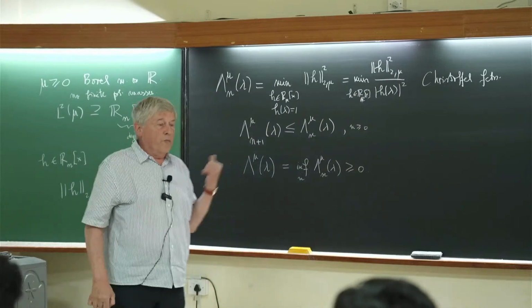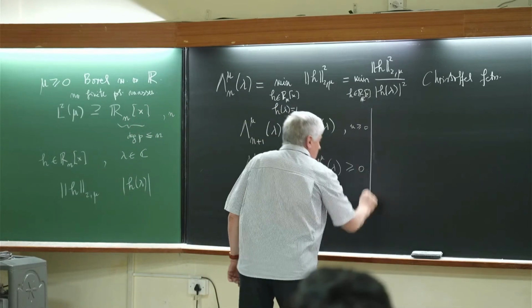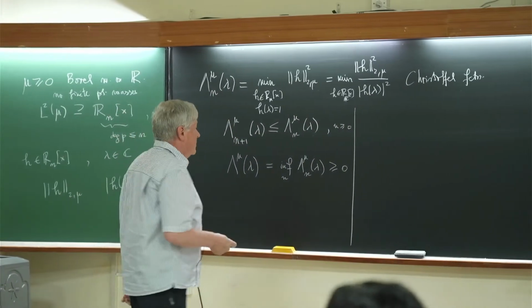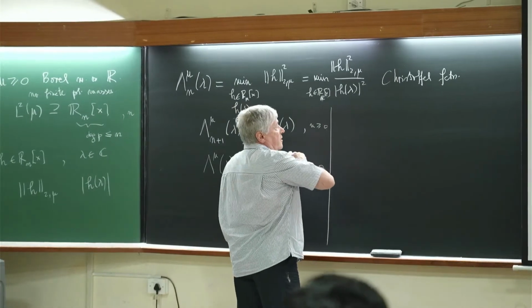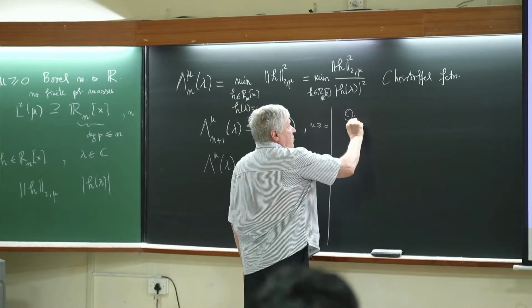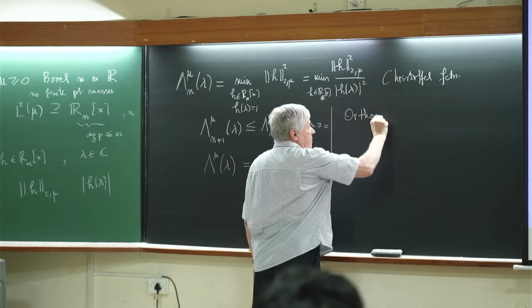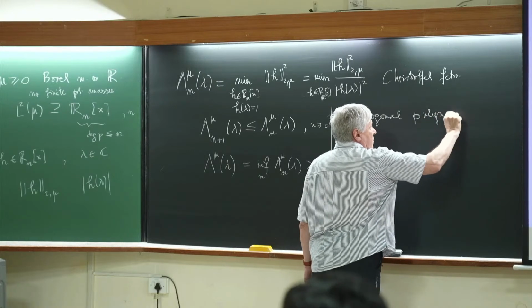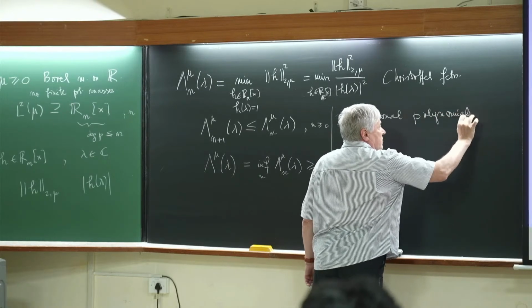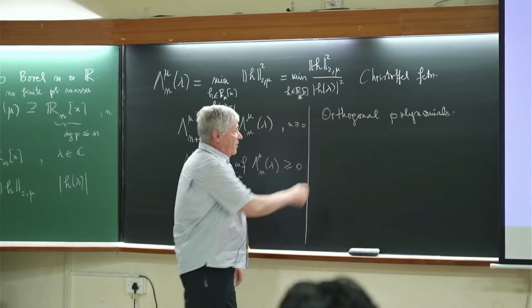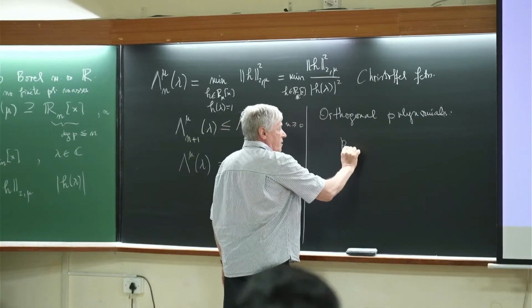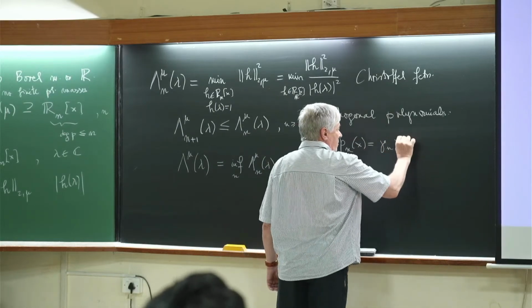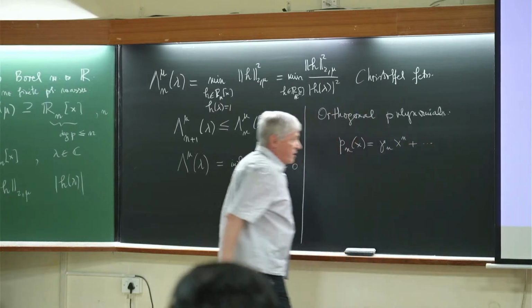Now, how do we compute this? If you are a little aware of the Hilbert space theory of inner products, we immediately run into orthogonal polynomials here. Namely, for every fixed n, we have a polynomial with lower degree terms.